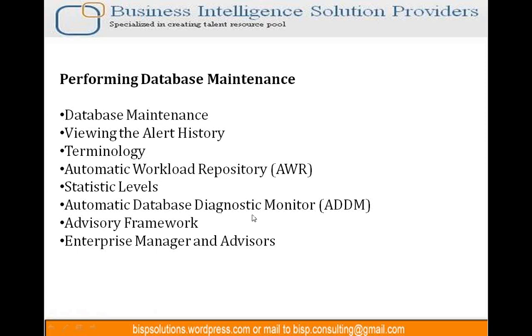Now, there is also another tool called Automatic Database Diagnostic Monitor, which again generates alerts for us. I'll take an example here. Whenever there are alerts like your table space is reaching the maximum, or your undo table space is reaching the maximum, all these kinds of alerts are stored in our alert history. We will also check where exactly we look at these alert histories and what to be done.